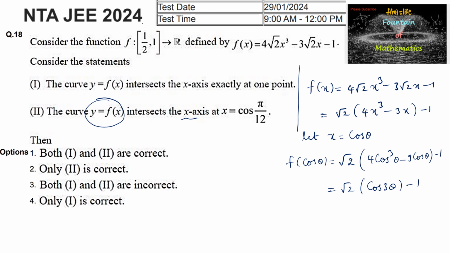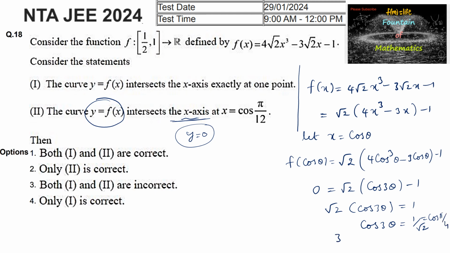And let us see this. To intersect the x-axis, we have to consider y is equal to 0, that is f of cos theta is 0. So we get root 2 cos 3 theta is equal to 1, or cos 3 theta is equal to 1 by root 2, which is cos pi by 4.